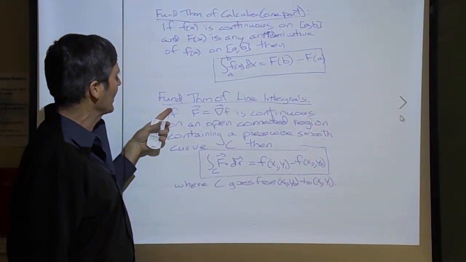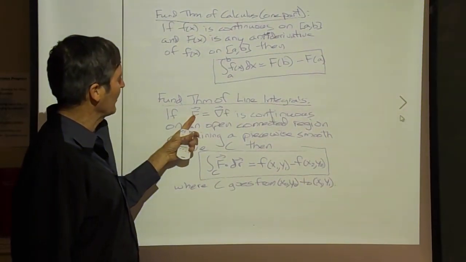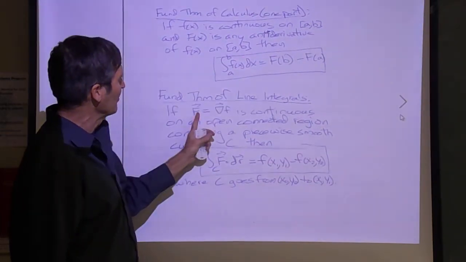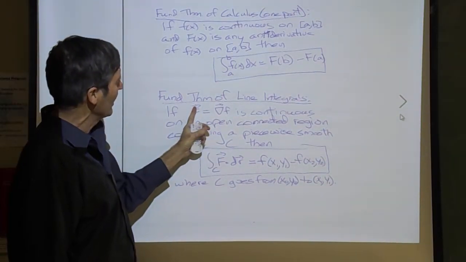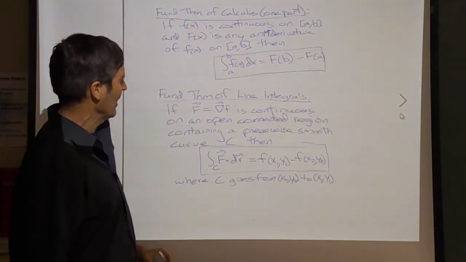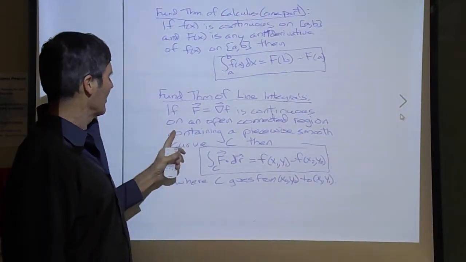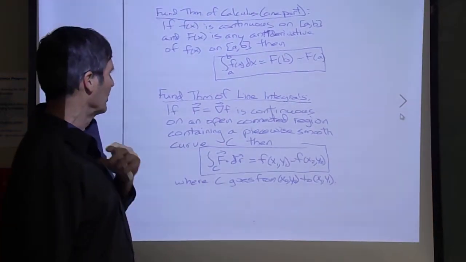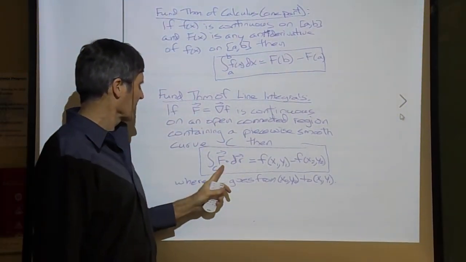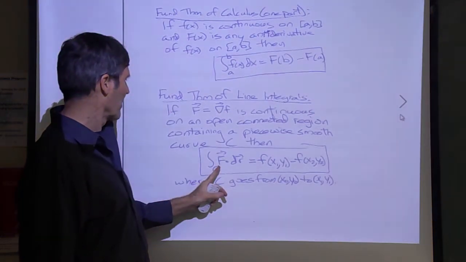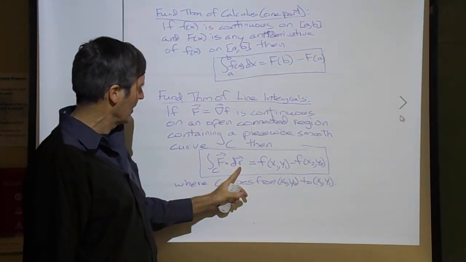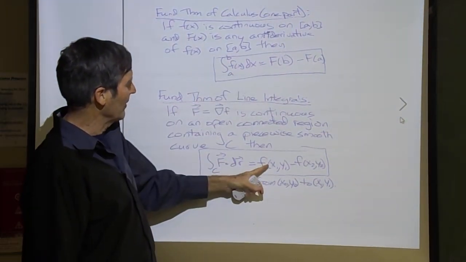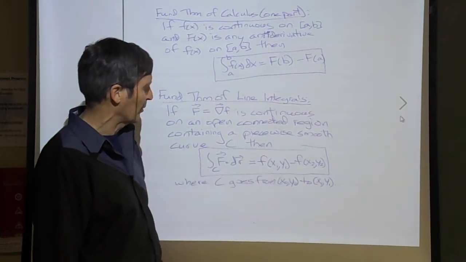Similarly, the fundamental theorem of line integrals: if vector field f, this is in one dimension, right? F is a function of one variable x. If you have a function of more than one variable, you have a vector field that's the gradient of some potential f, some function f, that's continuous in an open connected region containing a piecewise smooth curve C, then the line integral f dot dr corresponding to this is equal to f, the potential at the final endpoint minus the potential at the beginning point.